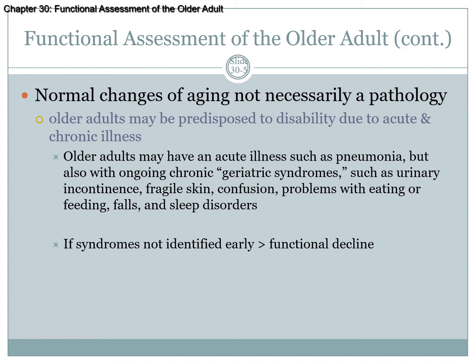We know the eyes change, we have some changes in the ears, as in hearing, we have changes in the skin integrity, we have changes in the heart, the blood vessels. So there are changes that occur just as the person is getting older. It doesn't necessarily mean they have a disease process. But these changes can actually predispose the older person to potential problems.